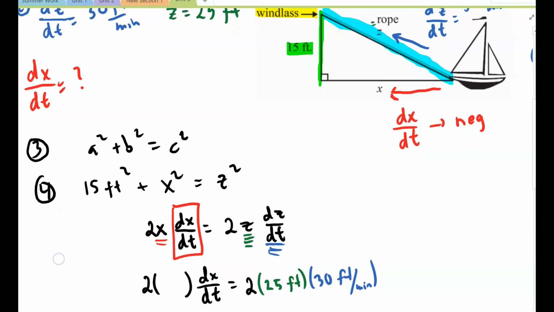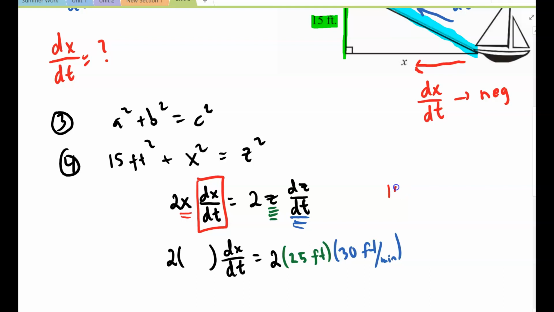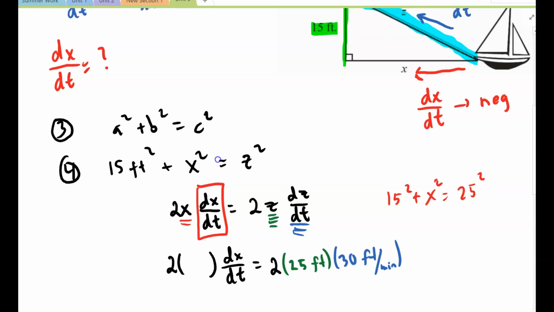Okay, so I want to find x. Is there a way I can find x? Well, sure. Don't I know that 15 squared plus x squared is equal to z squared? Well, at this time, the rope is 25 feet.